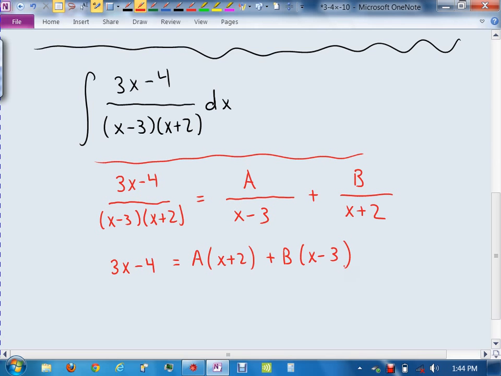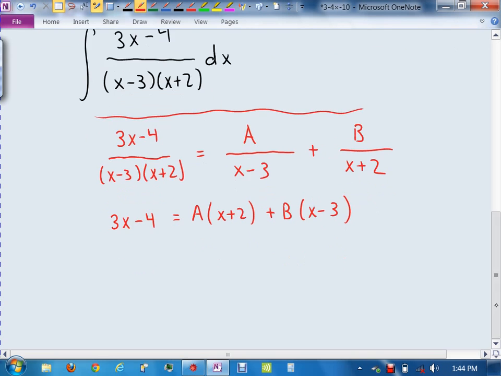And now we go try and kill things off, right? So let's kill them off. Let x be what? I'm going to kill the B first. We'll come back and be careful. If I want to kill the B, I need to make the x minus 3 turn into a 0. So I'm going to let x be 3.